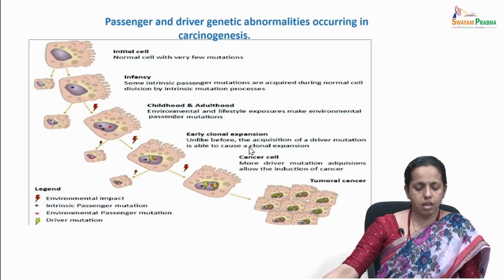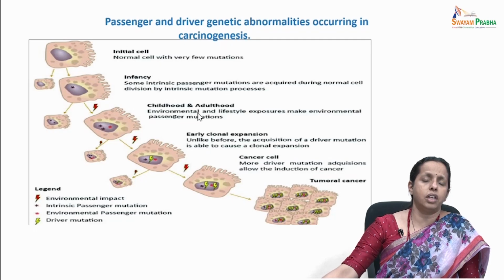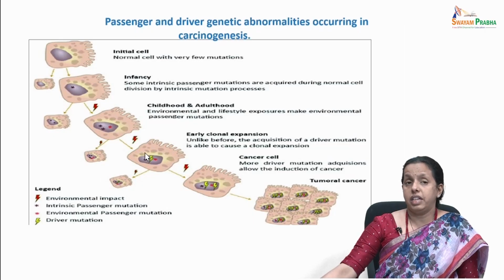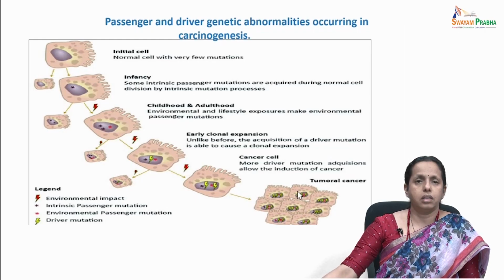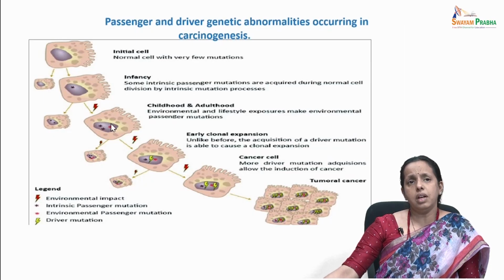The acquisition of a driver mutation is able to cause a clonal expansion, maybe with continued exposure to the particular carcinogen or any genetic factor, any mutagens, all that you will have. As such, there is a typical cancer coming up.